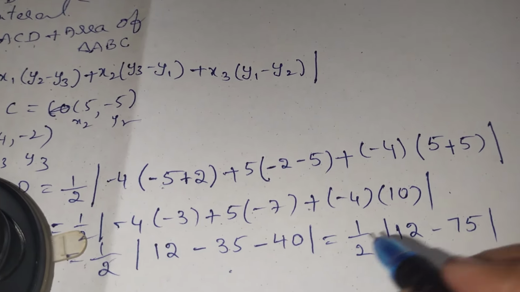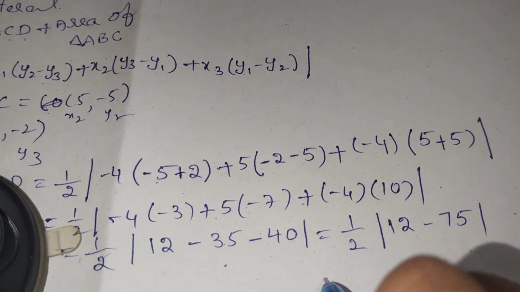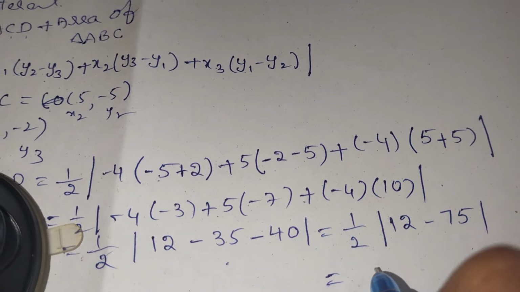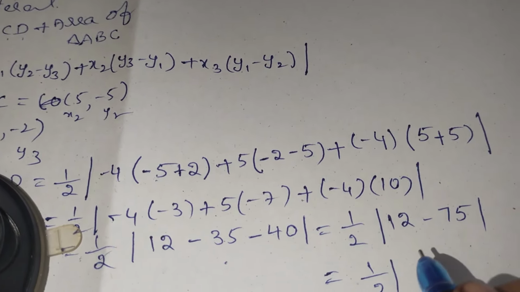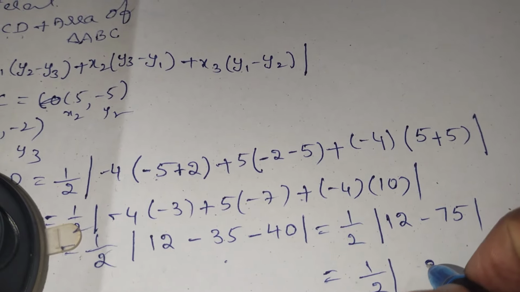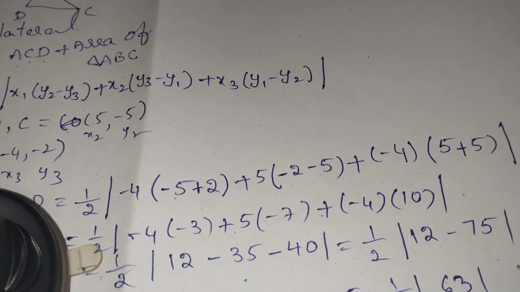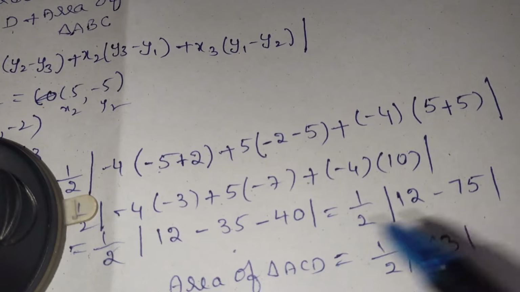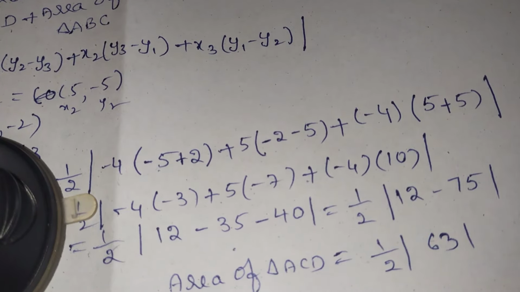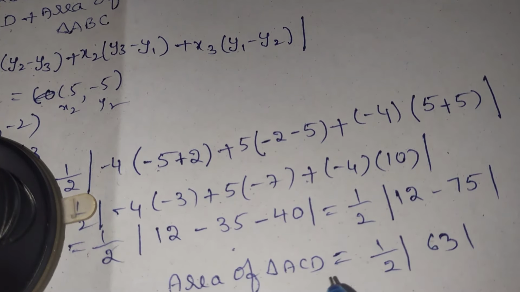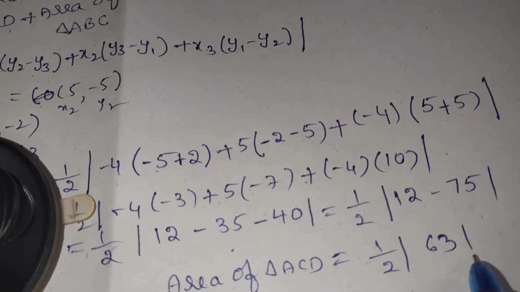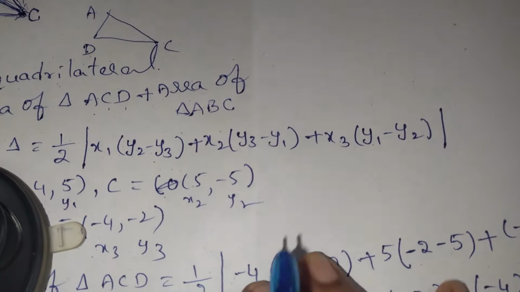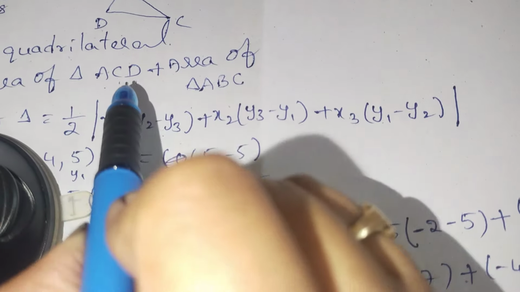Now subtract 12 from 75, so 63. We got the area of triangle ACD, that is half mod 63 square units.